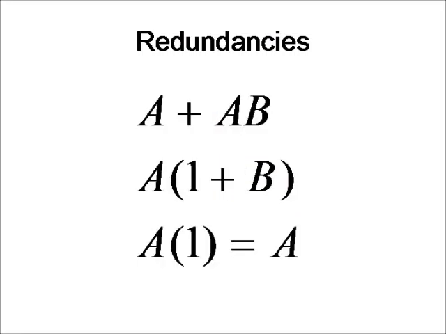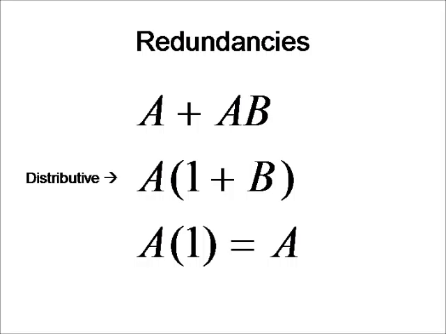With the distributive property, we take A or AB, then we go ahead and factor out the A, and we are left with A ANDed with 1 or B. We know that 1 or B from earlier in the video is always equal to 1, and A ANDed with 1 is always equal to the variable A.